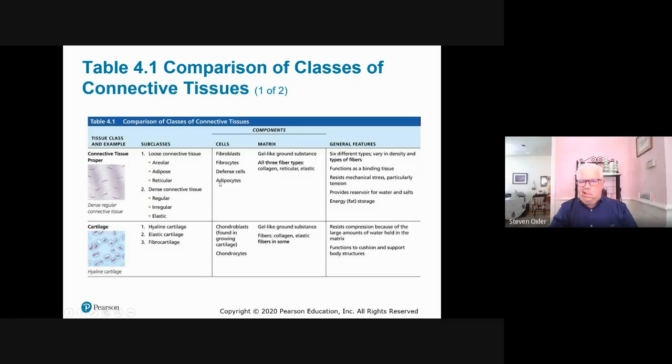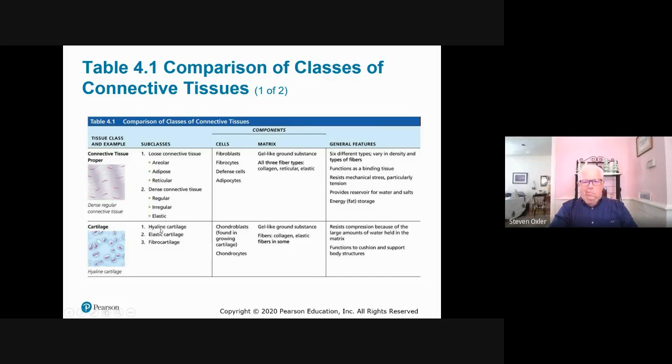I also want you to see this word, adipocytes. Adipocytes maintain adipose tissue. Adipose tissue, you know it as fat. Okay, there you go. Cartilage. There are three subclasses of cartilage.